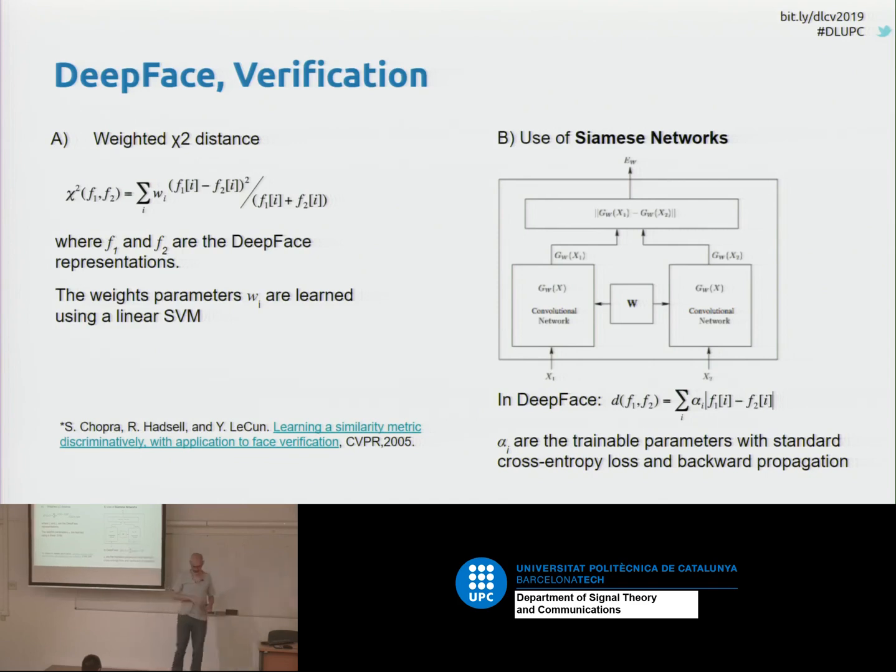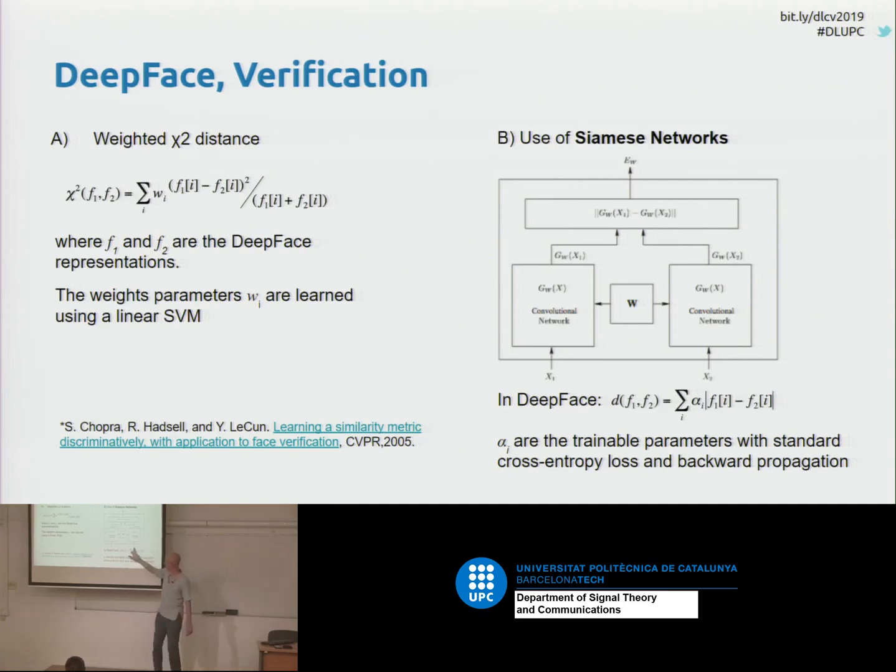A Siamese network is a solution that tries to perform metric learning. In metric learning, you try to generate embeddings that have the property that the feature vectors are close in the Euclidean space for faces of the same person and far away for faces of different persons. So you learn the embeddings so that they fulfill this property. You can do that by duplicating the convolutional neural network, so the weights here and here are the same.